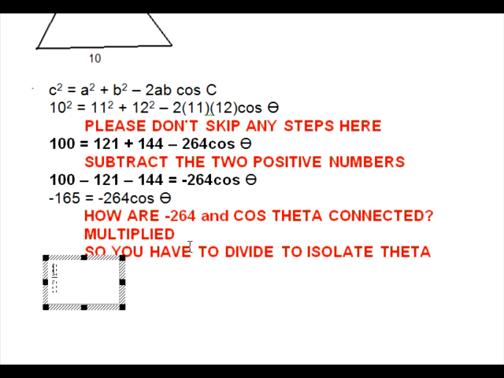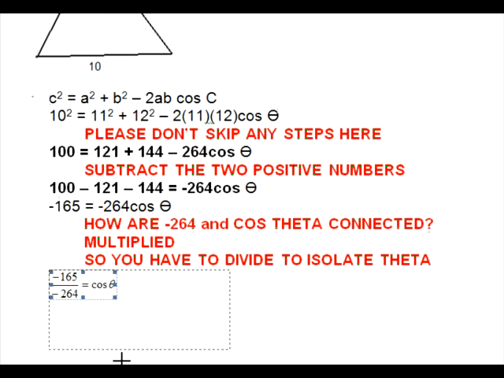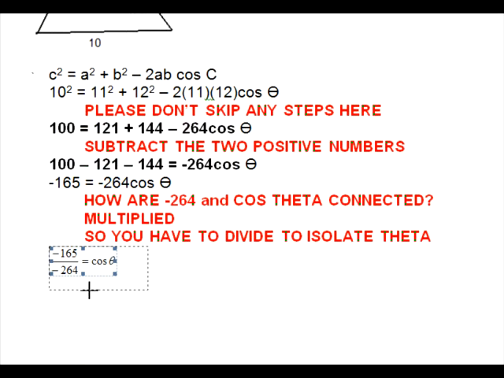So I'm going to write negative 165 divided by negative 264 equals cos theta. So what I just did there was I divided, I'll make it a little bit bigger so you can actually see it. So what I did there, I divided both sides by negative 264.